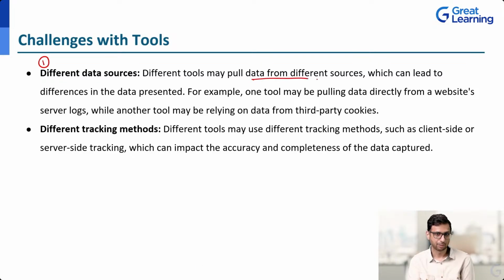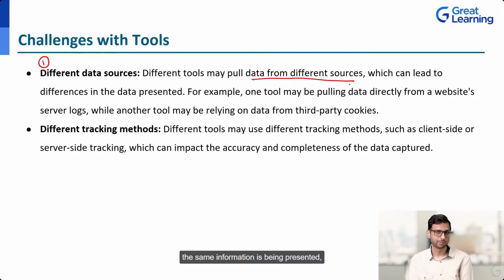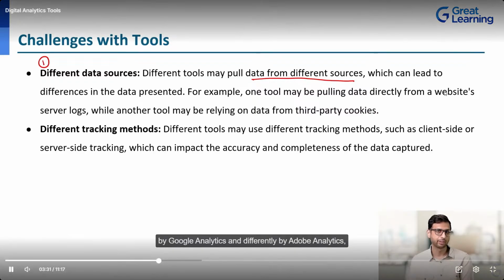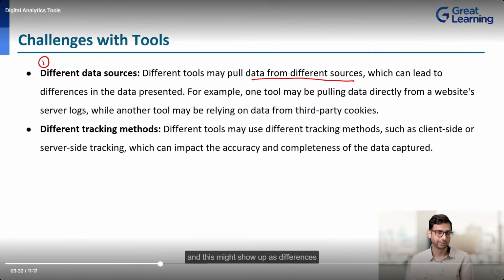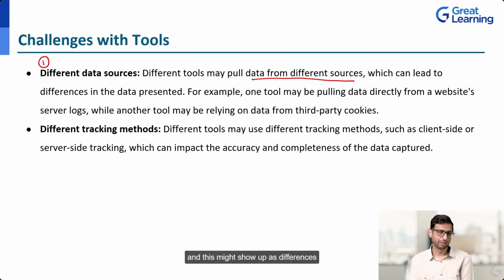Even though the same information is being presented and the same metric is being measured, there might be fine differences between the same number. For example, the conversion rate or the click-through rate or the channel that actually contributed to a purchase might be measured differently by Google Analytics and differently by Adobe Analytics, and this might show up as differences in the KPIs or the metrics that you measure.